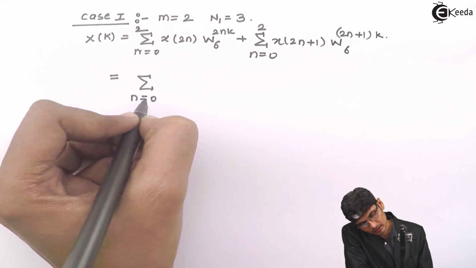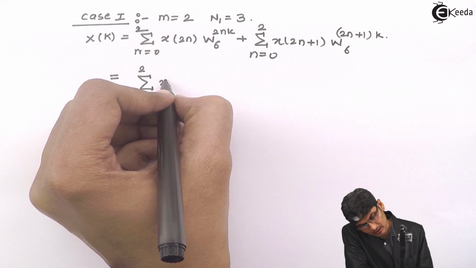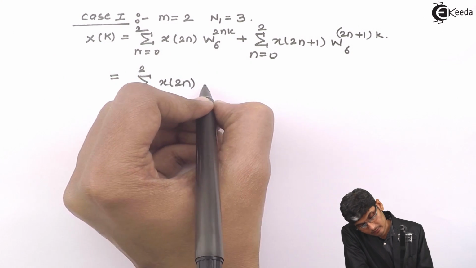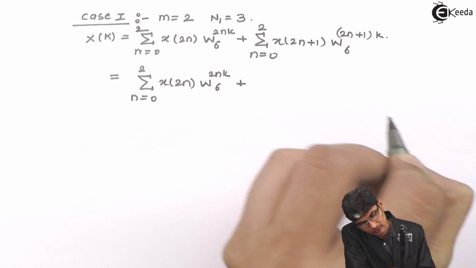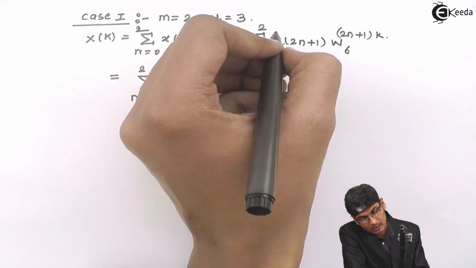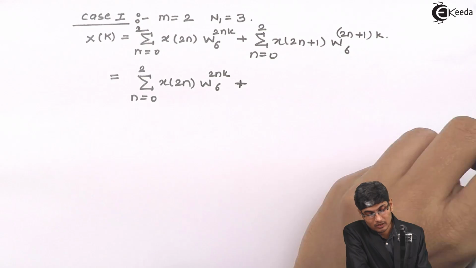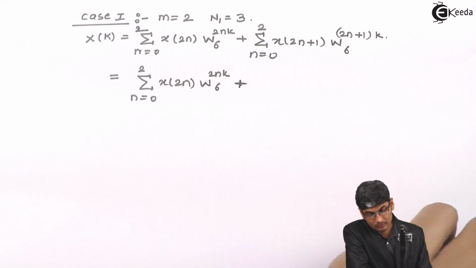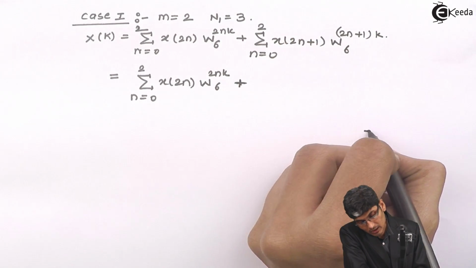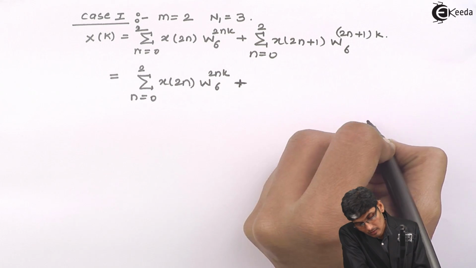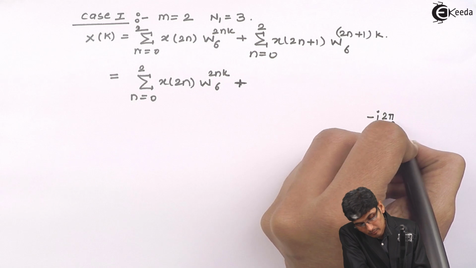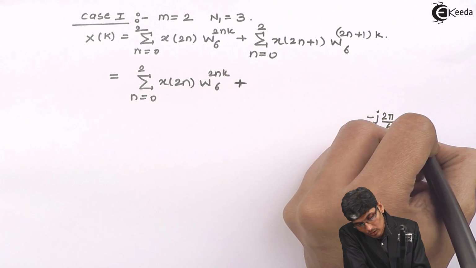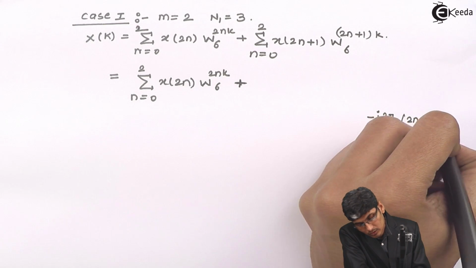The first term or first stage does not have to be altered more. Okay, so let us write it as it is in the first step. We will alter this. Now this, if you see this term, actually means e raised to minus j 2 pi by 6 into 2n plus 1 into k.